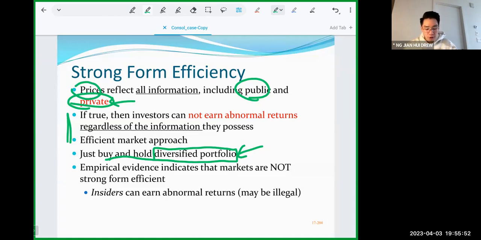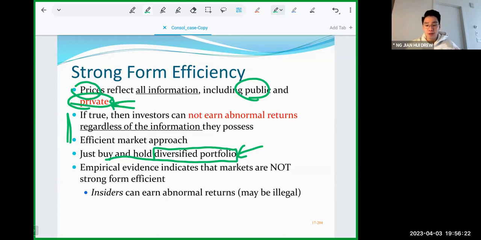The strong form also includes private information, right? Sometimes private information can be so-called insider information, and it can be illegal. But we also know that the market is not strong form, because in real life, let's say you are an insider to a company like Keppel, you might have some information that the market doesn't know.